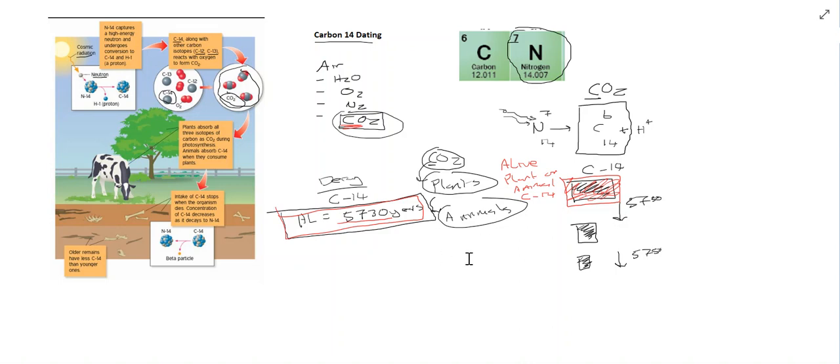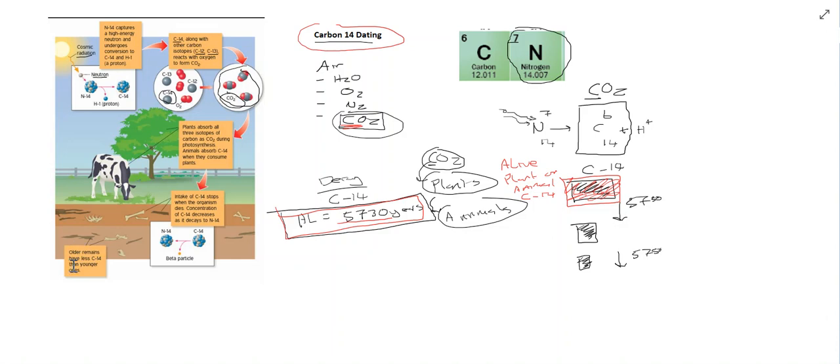And again, from the amount of carbon-14 that's present in the artifact that you find, you're able to work back and see how that amount compares to the amount of carbon-14 that would be in a live animal or a live plant. And that can then be used as a basis to date items. And this is what's known as the process of carbon-14 dating.